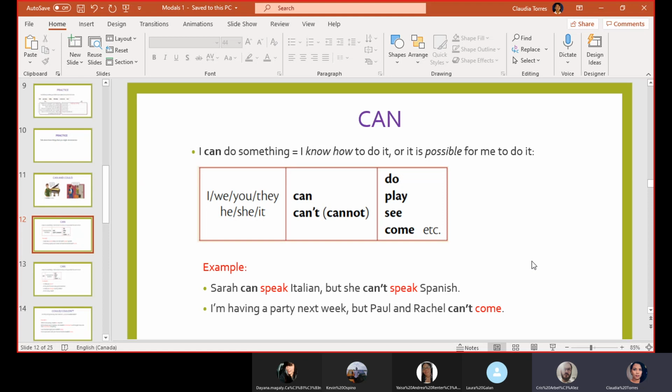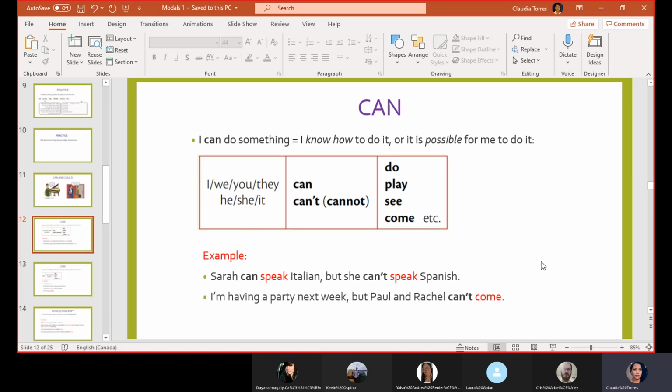Here we're speaking, so when we're speaking, we can make contractions. Actually, it's better to use contractions when you're speaking, because you don't sound too formal.